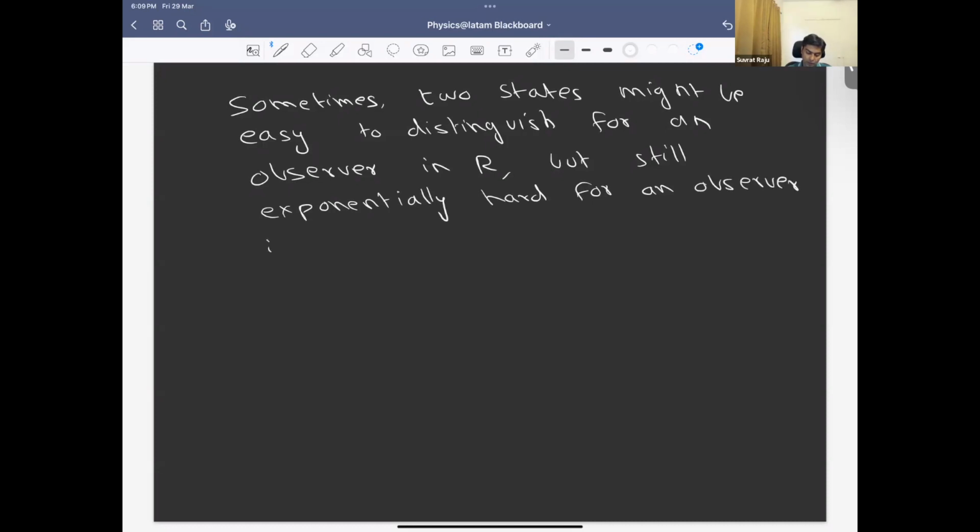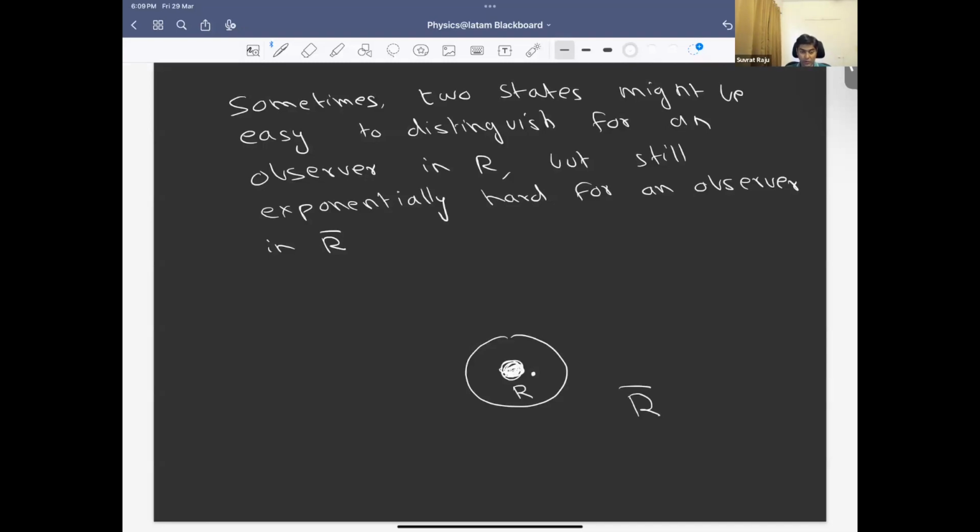The observer in R has some preferred basis. Maybe they have some local observable or some local source. Let's say you have a heavy classical background, and on top of that, I add a little bit more energy. I add a small dot on that. Now, an observer in R can go and probe that region and ask, is there some local excitation there or not?